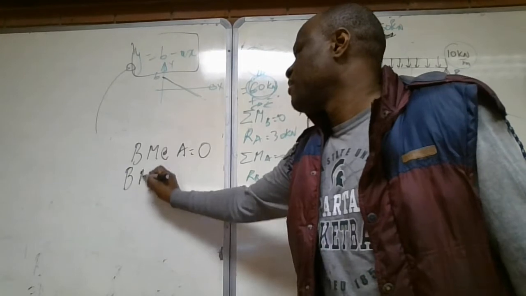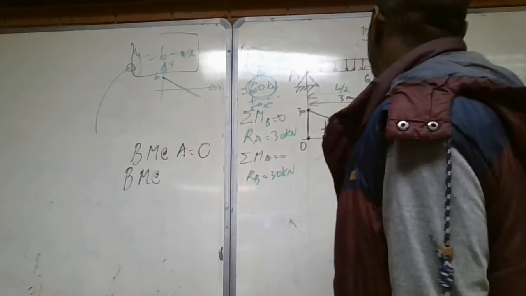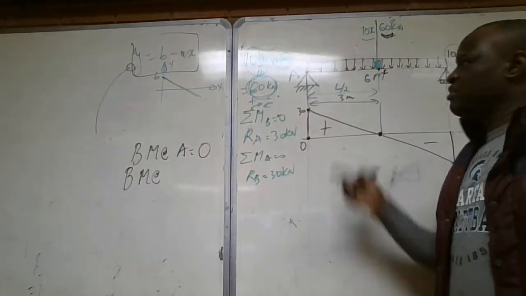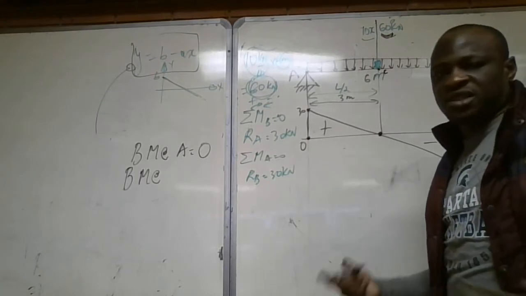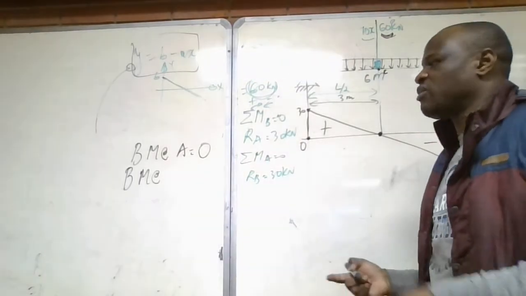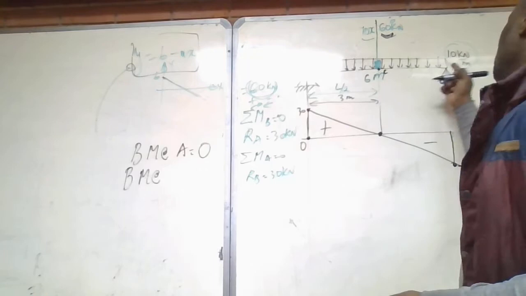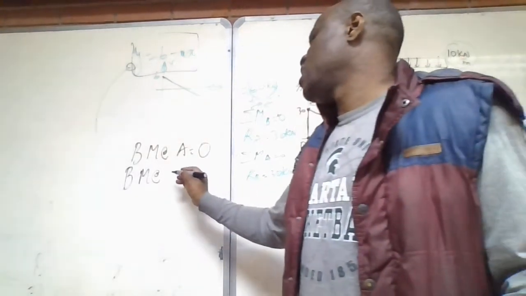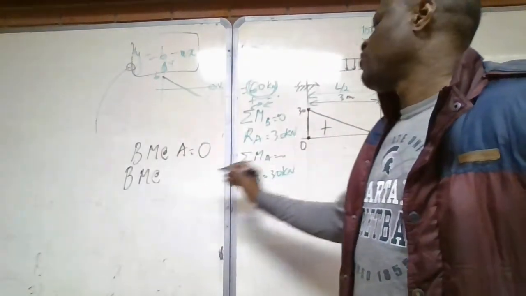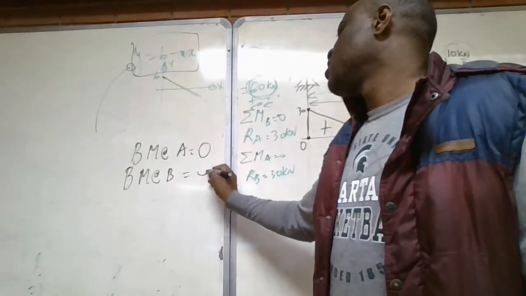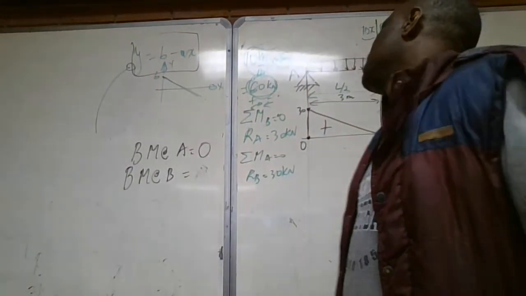Bending moment at C as well, if I make all this C, it's fine. Nothing will change. We're still going to get the same result. But we can go straight to B. Nothing wrong as well.